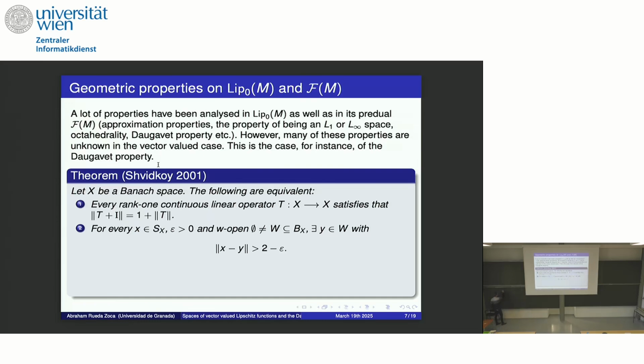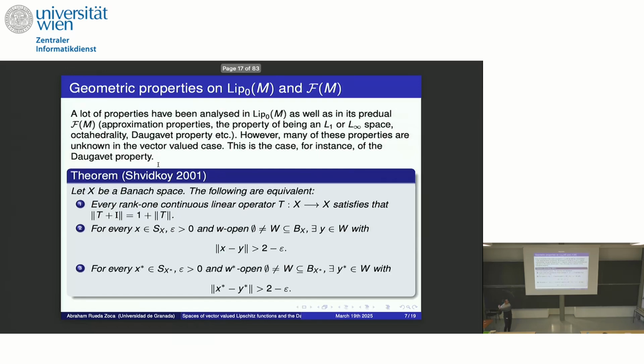So this property means that whenever you take any x in the sphere and any weakly open set, you can always find some y there which is 2 minus epsilon far away. So it is a property of weakly open sets being extremely big in diameter.